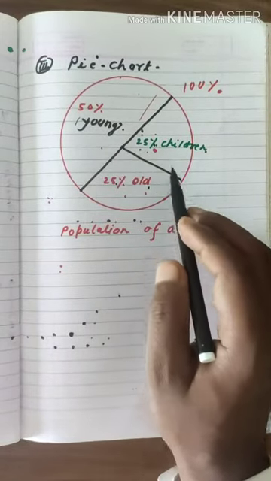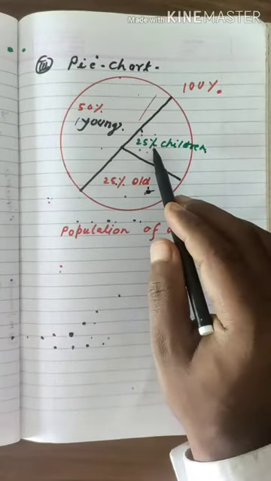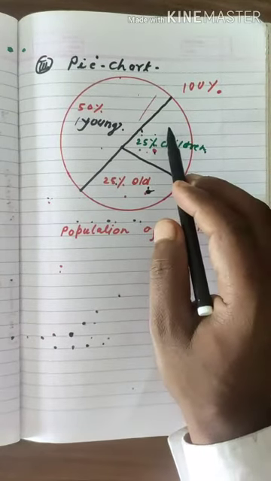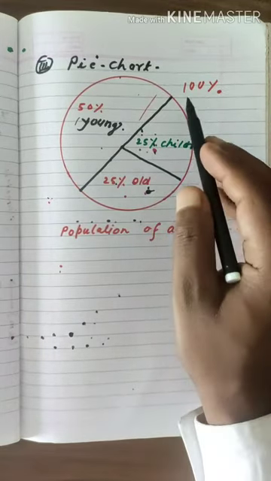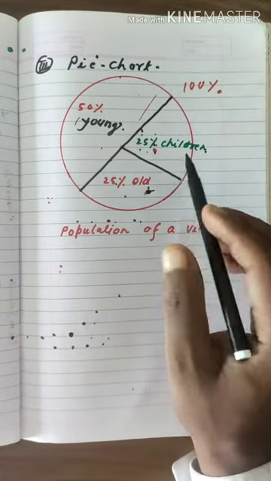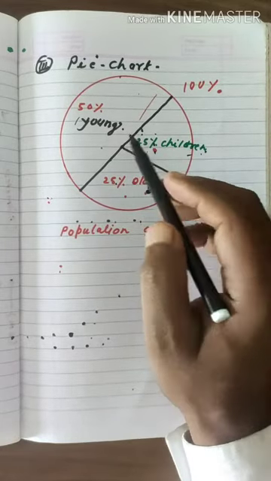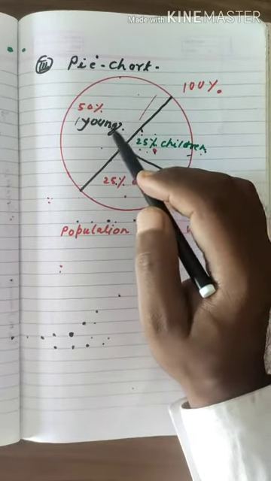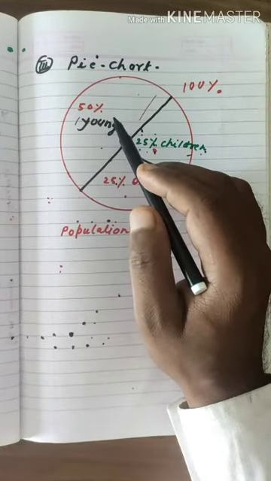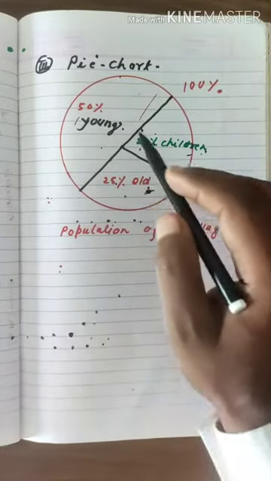So this part of the circle denotes old villagers, and this part denotes 25% of the total population, the children, and here 50% of the population are young in any specific village.